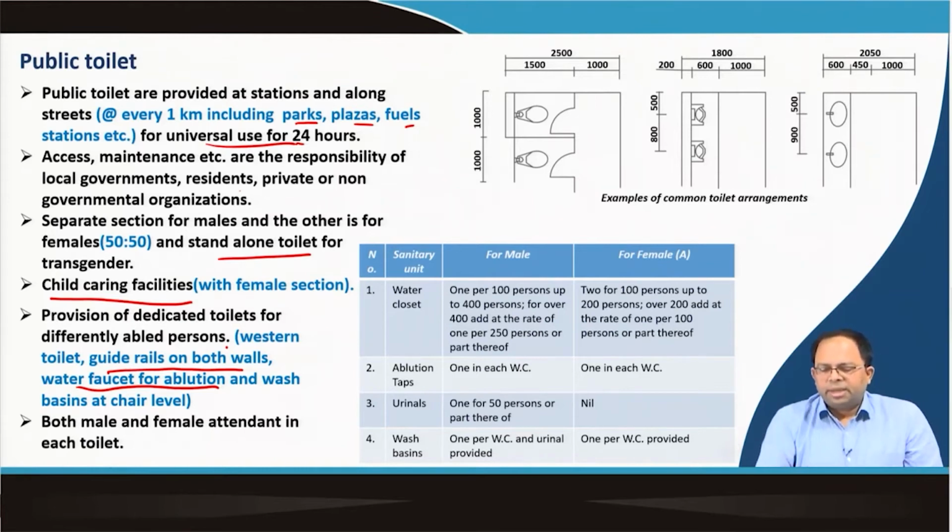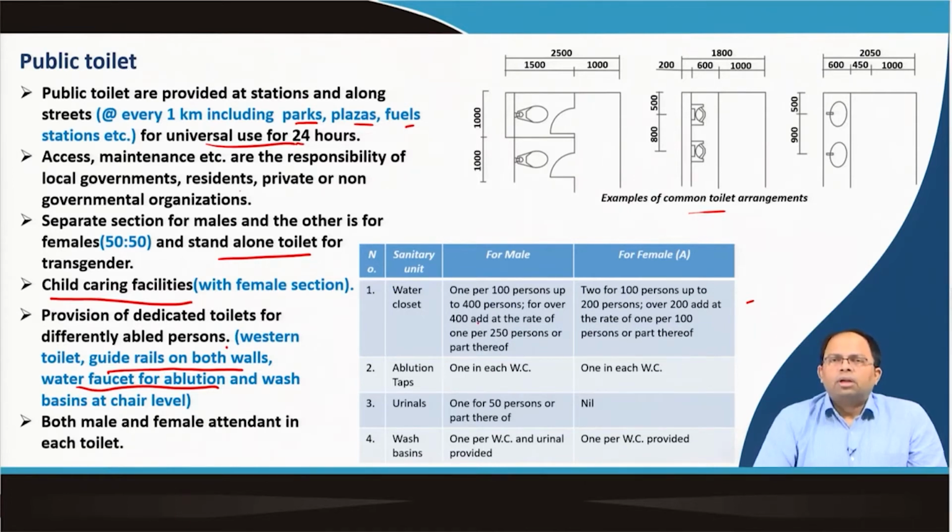You can see some basic designs of common toilet arrangements, as well as the standards, like how many water closets for male and female have to be provided. Based on that we can design the toilet. For example, 1 per 100 persons up to 400 persons, and for over 400 persons we can add at the rate of 1 per 250 persons or part thereof. Similarly for female we can have 2 per 100 persons and so on.